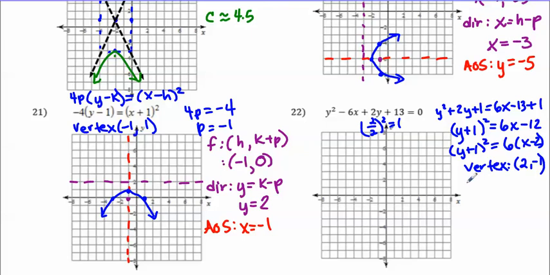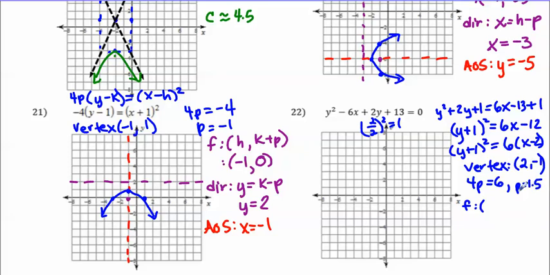And let's see, let's find my p-value. So I know 4p is equal to this number, 6. And if I divide by 4, I get p equals 1.5. So for my focus, I need to add 1.5 to my x value here.